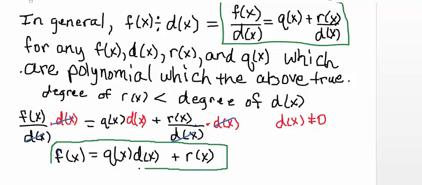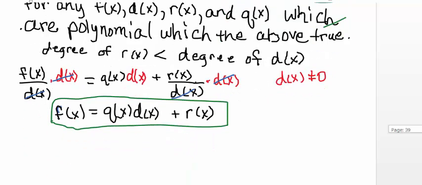So that's true in general, no matter what type of polynomial I'm dividing by. If I'm dividing a polynomial by a polynomial, f of x will equal the quotient polynomial q of x times the divisor polynomial d of x plus the remainder polynomial r of x.